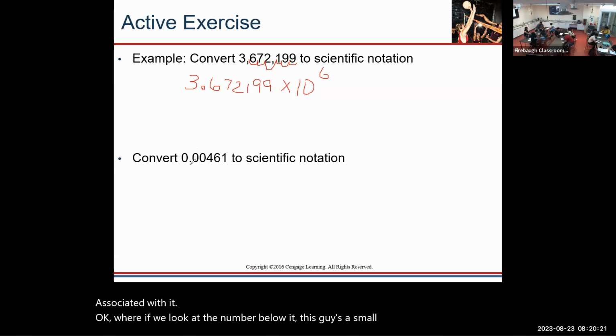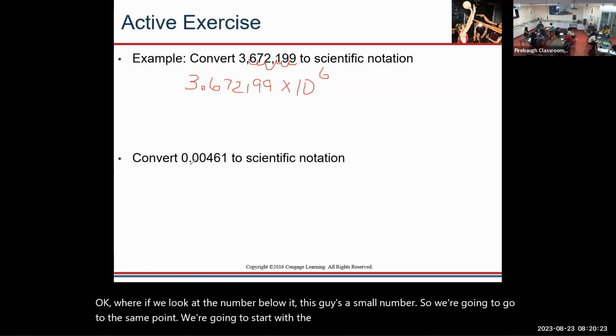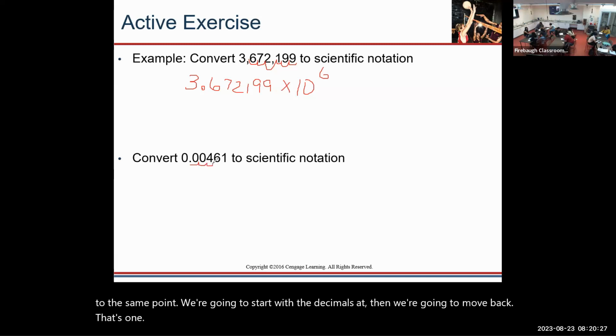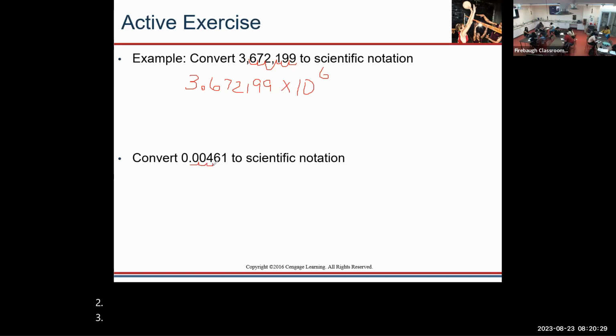So we're going to go to the same point. We're going to start where the decimal is at, then we're going to move back. That's 1, 2, 3. Oops, I got carried away. Yeah, 3. So we're going to move back 3.